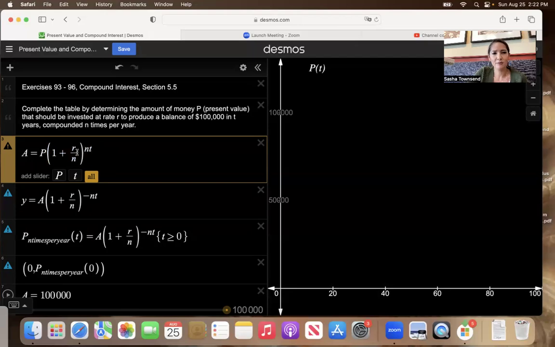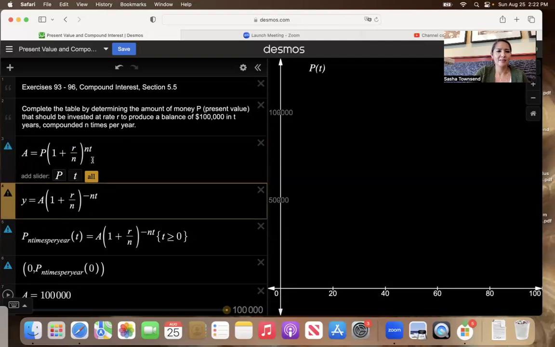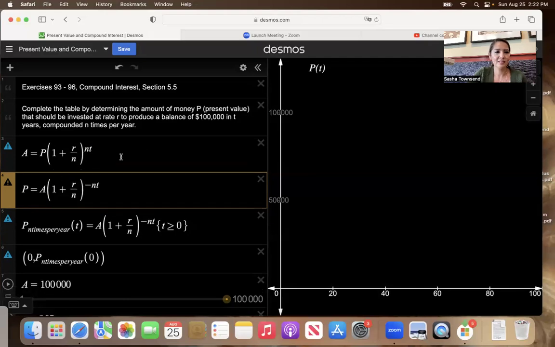So I can multiply both sides by 1 plus R divided by N raised to the negative NT, and that will give me my value for P. What I've done is I've solved for P by dividing both sides by this, and dividing by an exponential is the same as multiplying by that same exponential, but with the opposite sign. So P is equal to this.